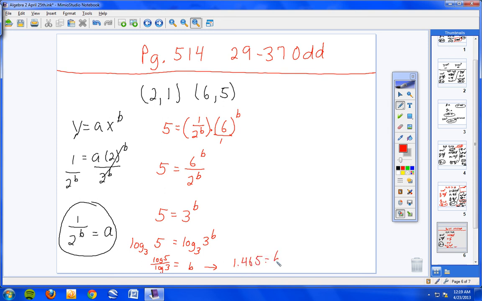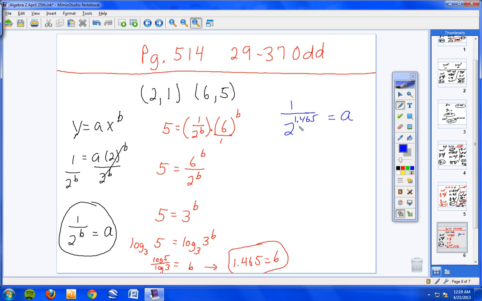So b equals 1.465. And now remember how to solve for a? You just come over here, look students, and where the b is, this b, you put this number in. Let me change colors. I'm going to have 1 over 2 to the b power, and b is 1.465, equals a.